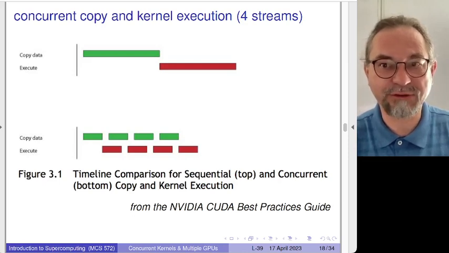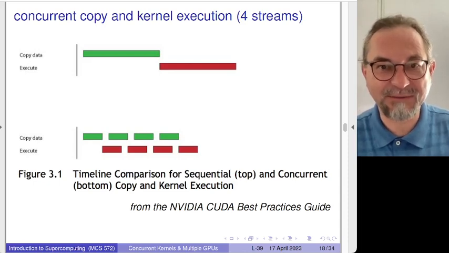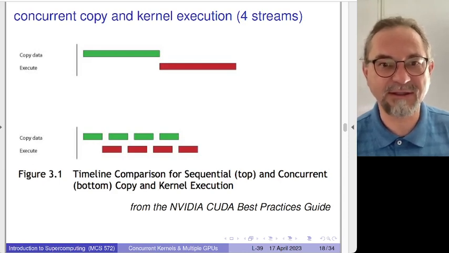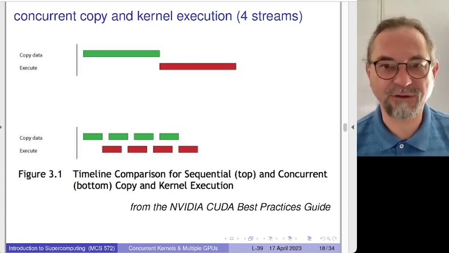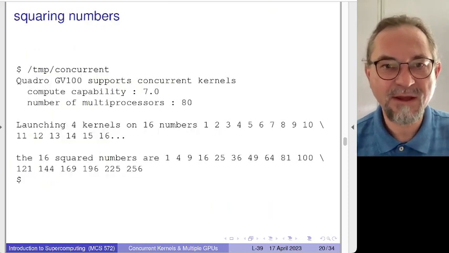So the arithmetic intensity of the red needs to be significantly larger than that of the green. That's the caveat here.